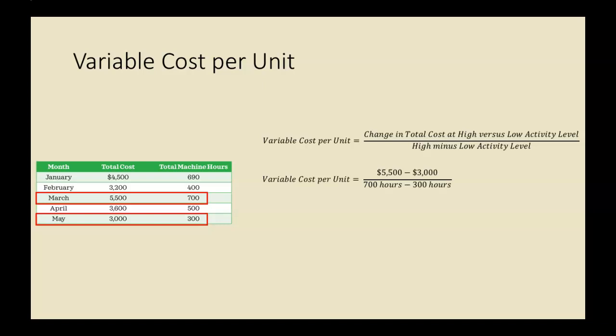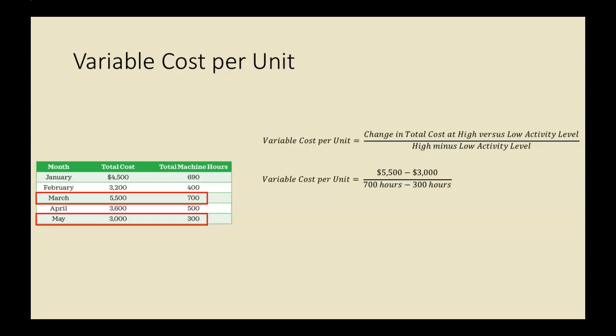So our formula, the way that we're going to plug that in is we're going to take March's total cost and subtract out May's total cost, right? So the cost from the high activity level minus the cost from the low activity level, and divide that by the number of hours in March minus the number of hours in May.